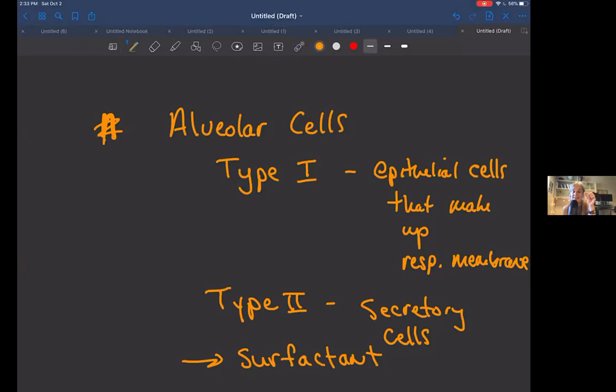It prevents water molecules from adhering too tightly to each other. So it prevents the surface tension of water molecules on the surface of your very thin membrane. Without surfactant, the water molecules would start to cling to one another, and that clinging would cause the alveoli to collapse.